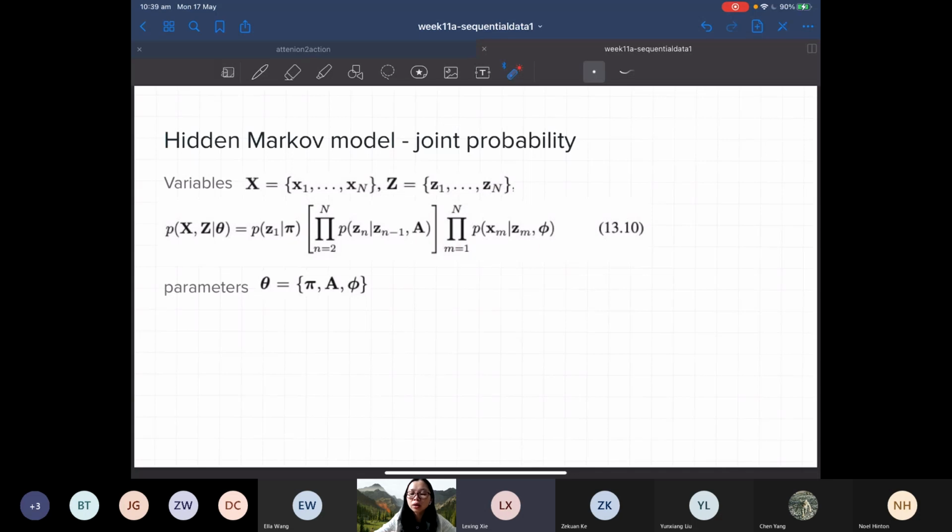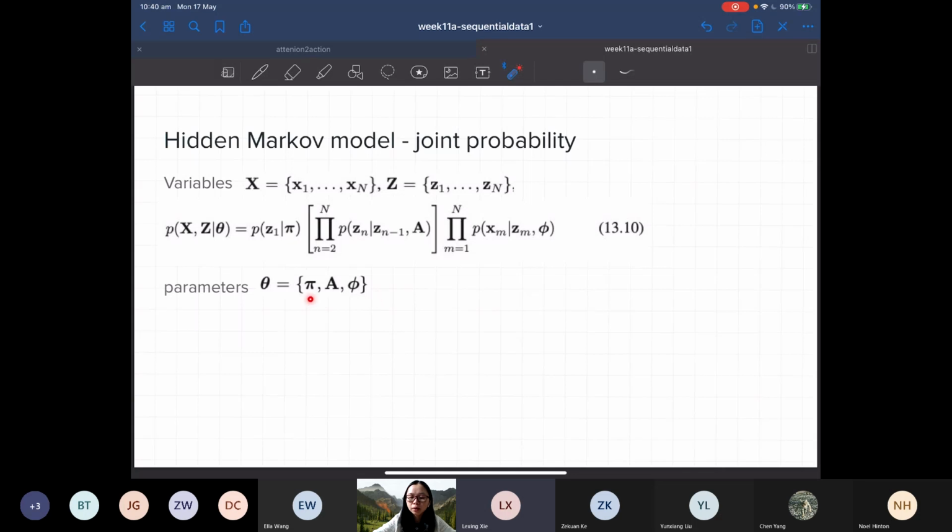You can verify this by seeing that x is independent of the rest of the chain conditioned on the corresponding z, and z is independent of its predecessors conditioned on the previous z, and we have some probability for z1.